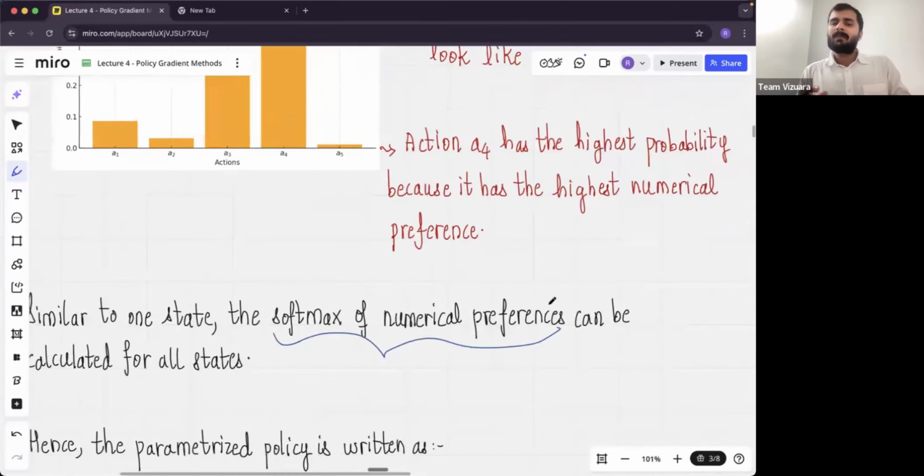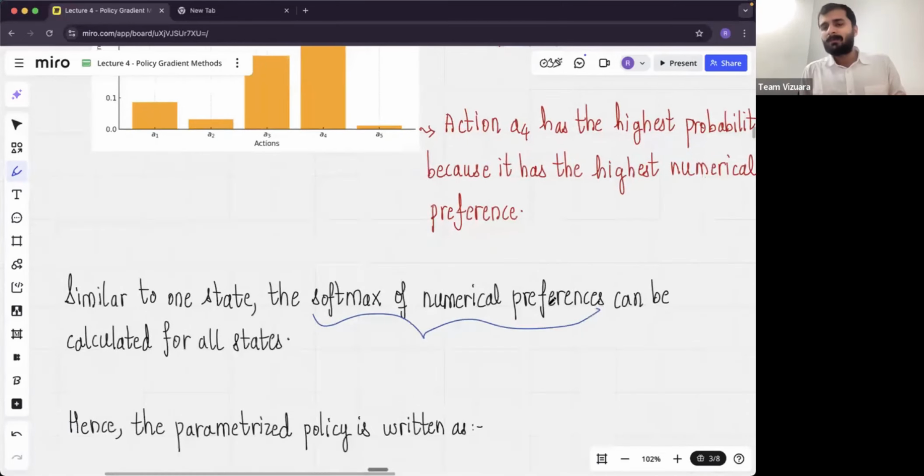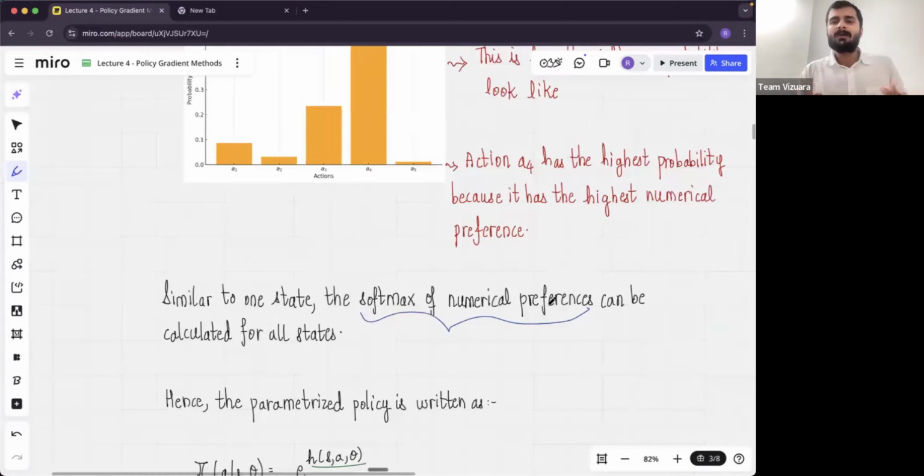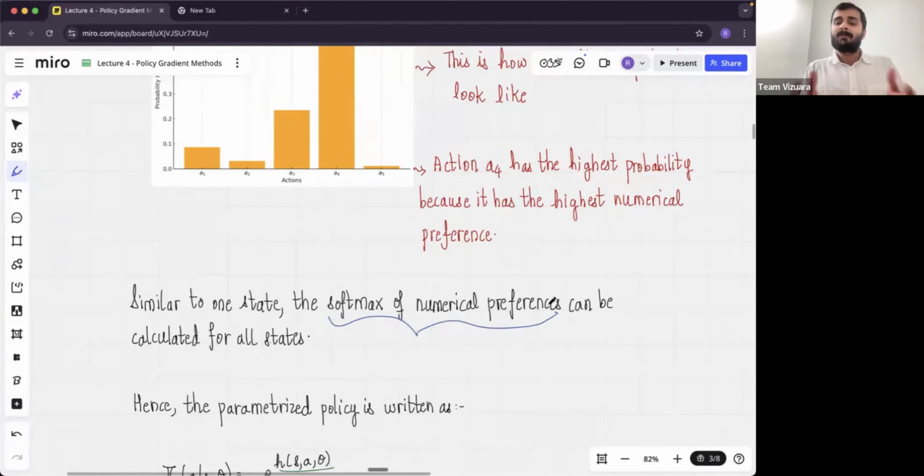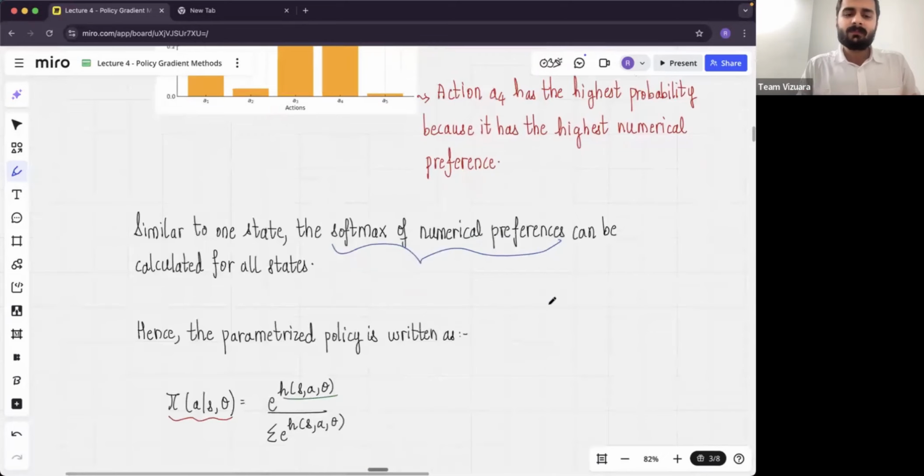In reality, the numerical preferences will not be given to you, because you will be leaving an agent in an environment, collecting experiences and building this policy by yourself. But I included this in the discussion because I wanted to give you an idea of what a parameterized policy really looks like, and how it can be constructed from preferences in general.